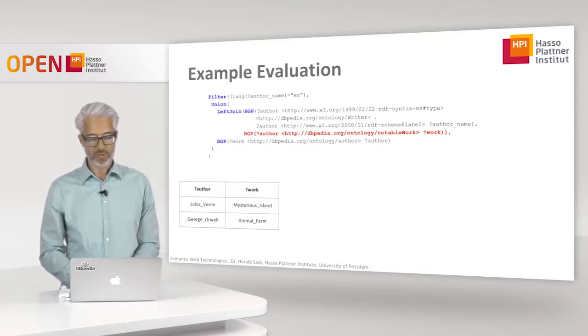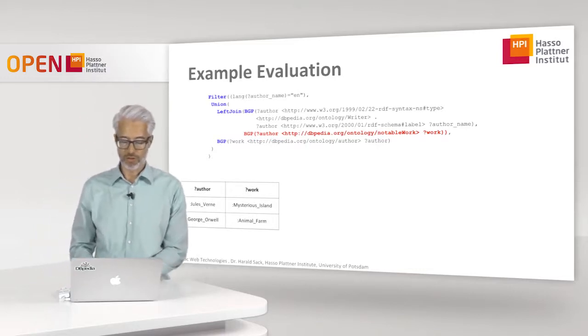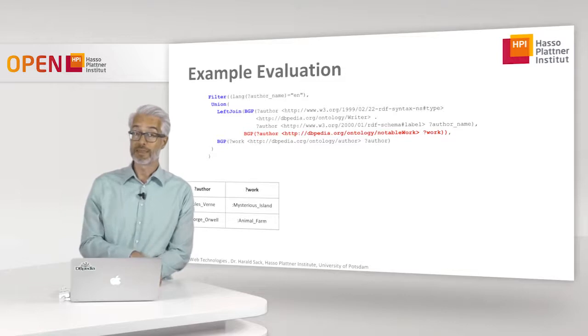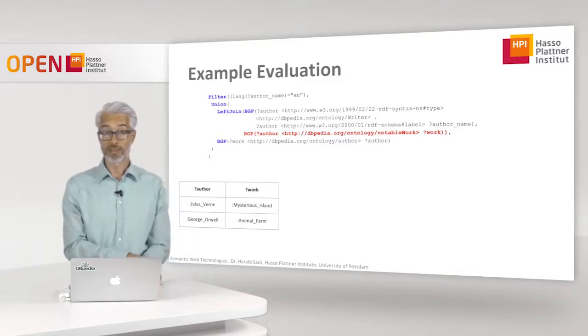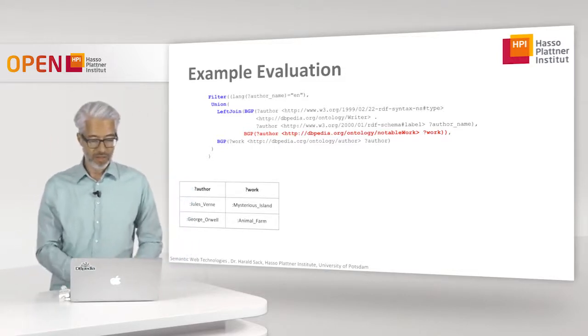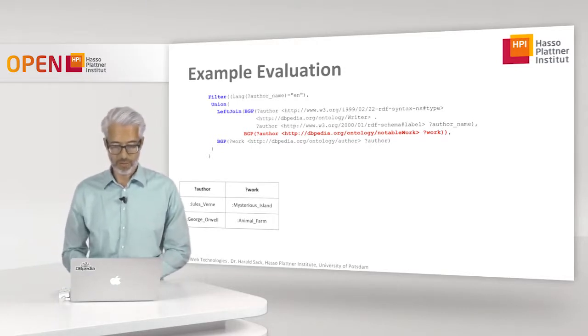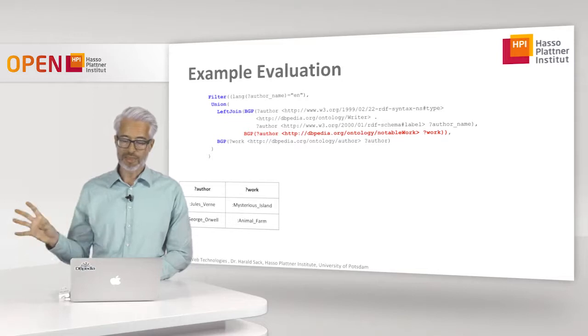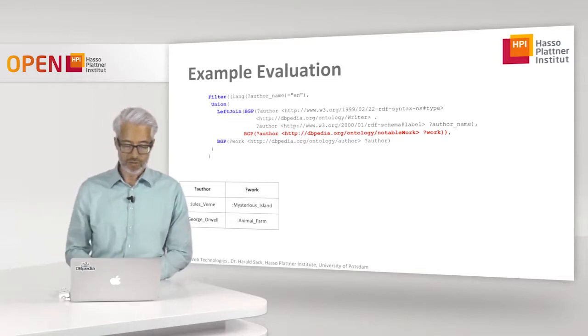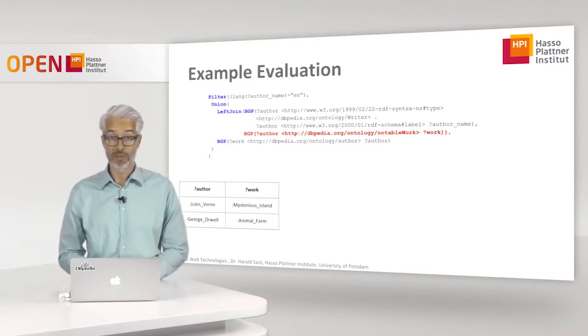We have the notable work given for Jules Verne and for George Orwell. So the first multiset as intermediate result that we get is the first one here, consisting of these two lines from our RDF dataset. So this is quite easy. We do simple pattern matching, and then we give the variable bindings back as the first solution set.